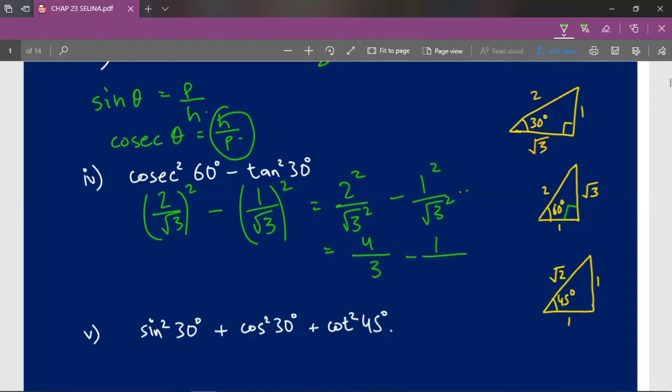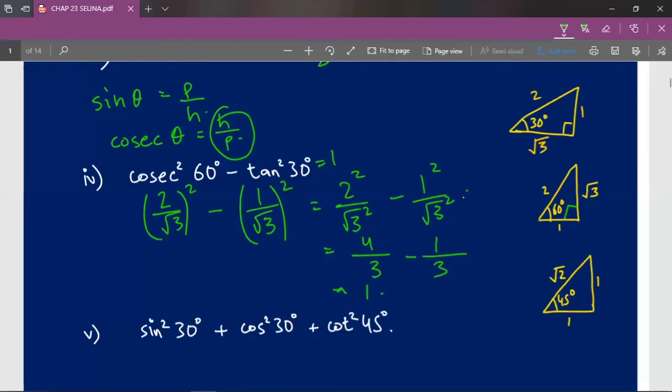Why? Because root 3 whole square means root 3 into root 3, which is 3. So 4 minus 1 will be 3, and our denominator is the same, so no need to find the LCM. So 4 minus 1 will be 3, and 3 upon 3 will be 1. So our final answer for cosecant square 60 degree minus tan square 30 degree will be 1.